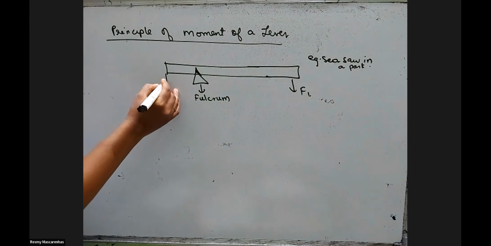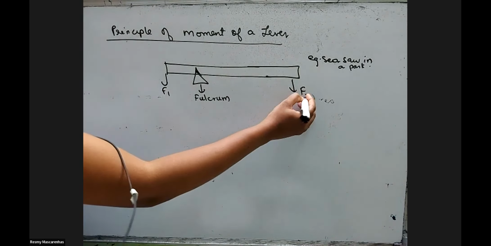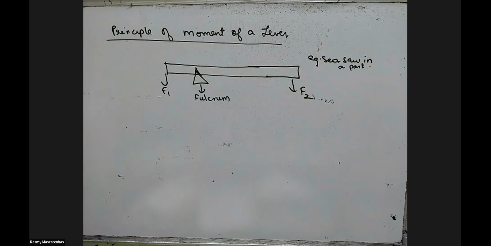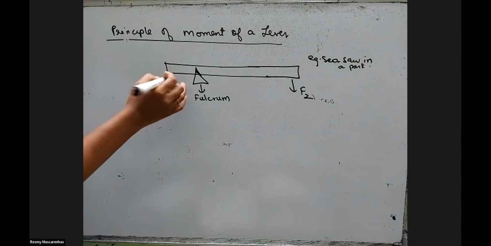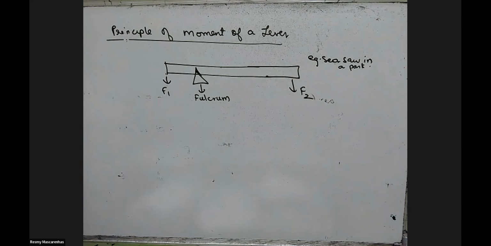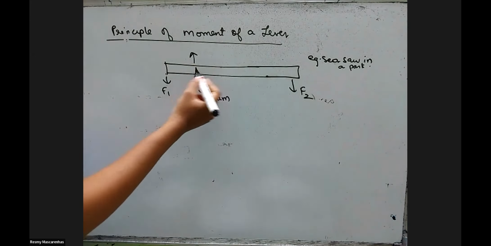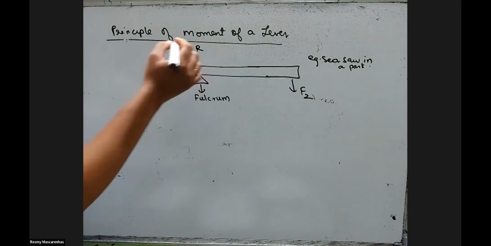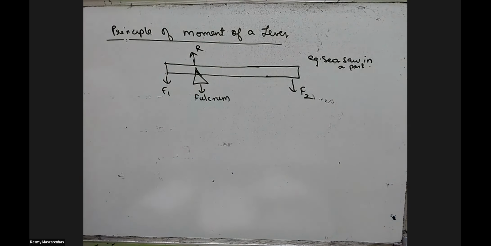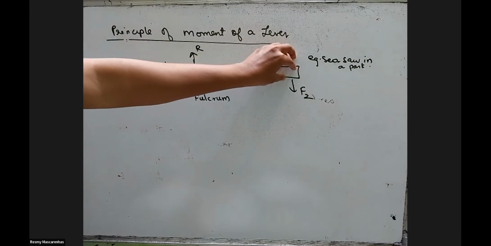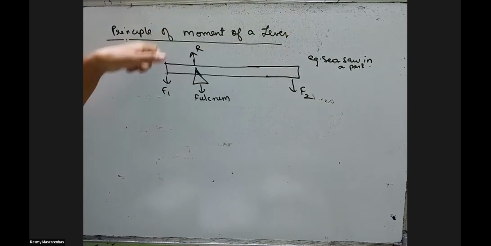You can consider this side F1, the other side F2. The other person is sitting here. Always at the fixed point, there will be an equal and opposite reaction to balance these forces. There will be some weight here, some weight here, so that weight will be downwards.